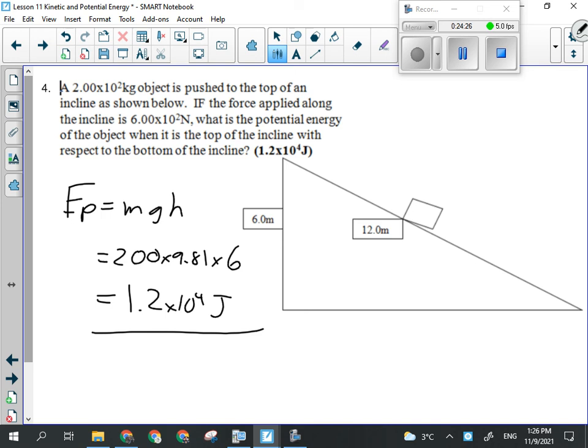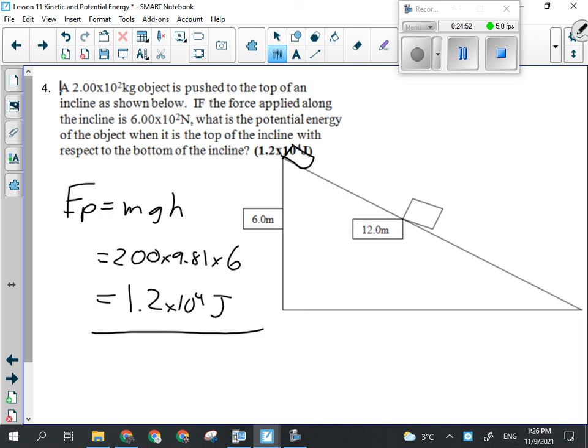It doesn't matter which way I get this box to the top of this ramp, it will require the same amount of work. And this goes back to the definition of work. What's the definition of work? Change in mechanical energy.